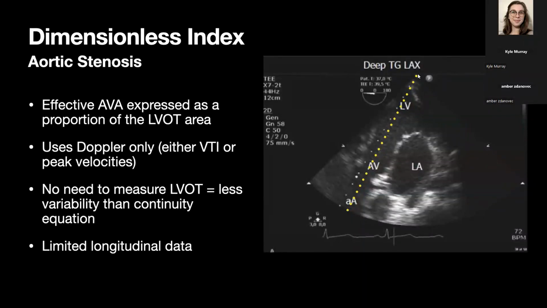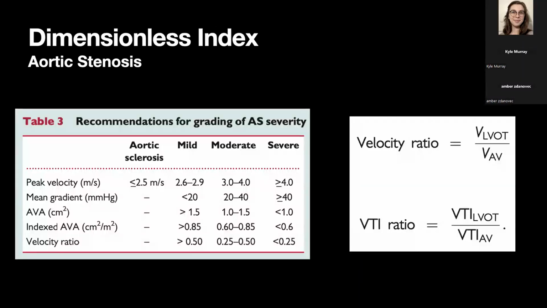So you line up, you get your velocities through here, you get your VTIs, and then you just take a ratio. You can either do the velocity ratio, so your velocity through the LVOT over your aortic valve peak velocities, or you can do your VTI. And if you're less than 0.25, it's considered severe. So this is just an easy division thing you can do.